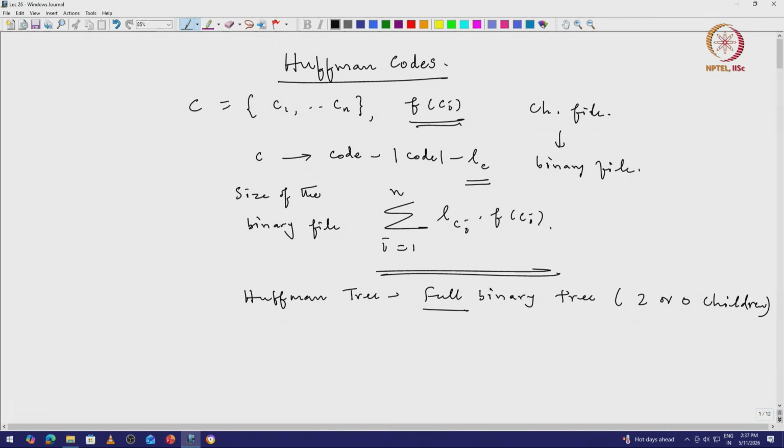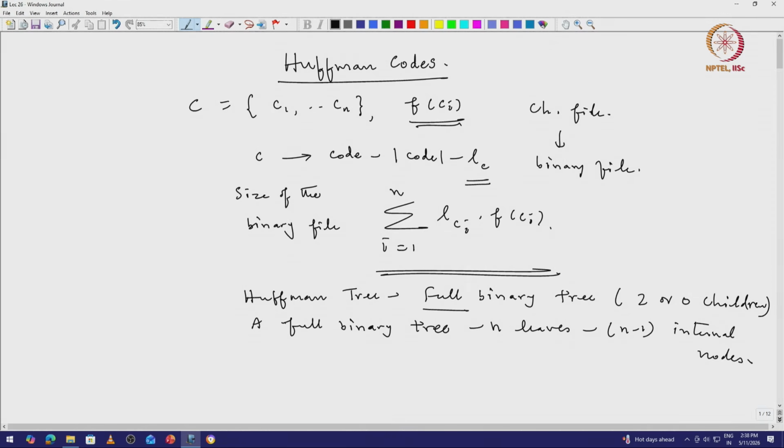Every full binary tree with n leaves will have n minus 1 internal nodes. It is a basic property of a full binary tree.